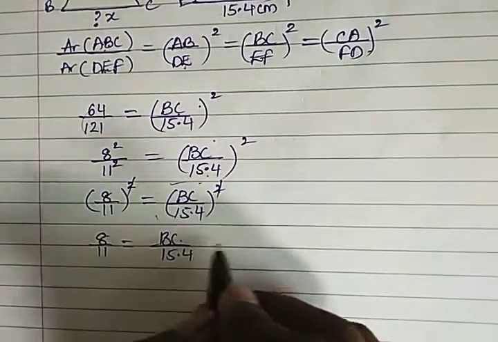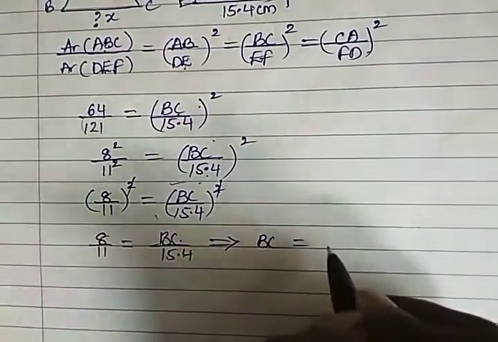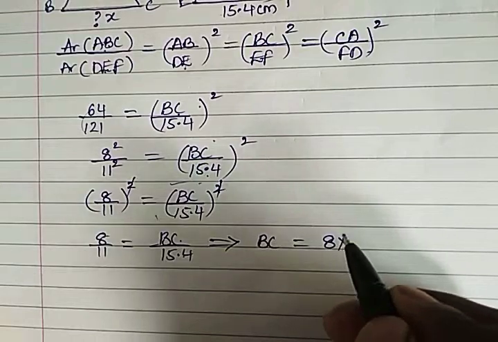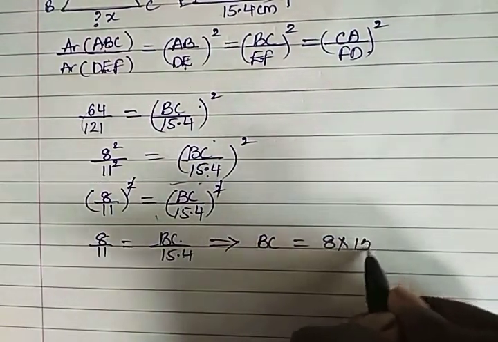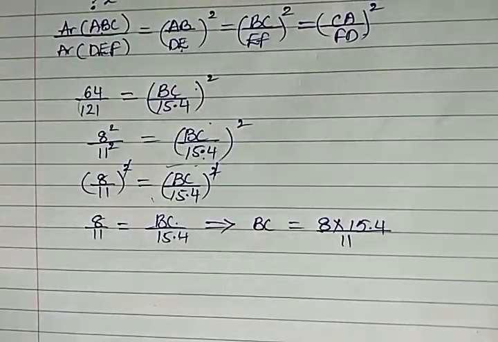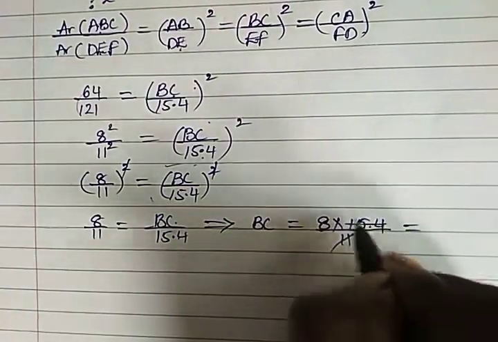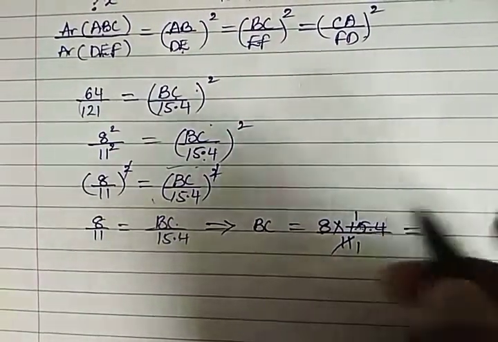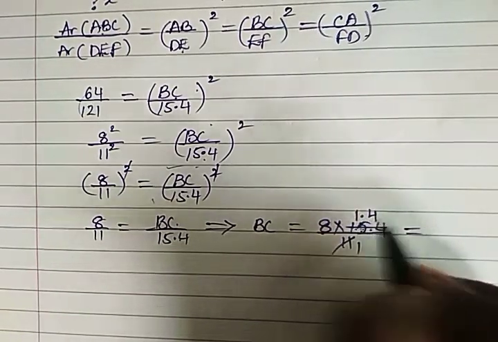We require only BC. So leave BC aside; the 15.4 goes to the other side. It is 8 into 15.4 by 11. Here you can divide. 11 ones are 11, 11 ones are 11, 4 left, 44 point. 11 fours are 44.